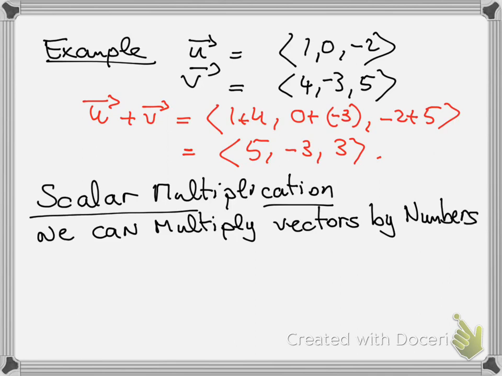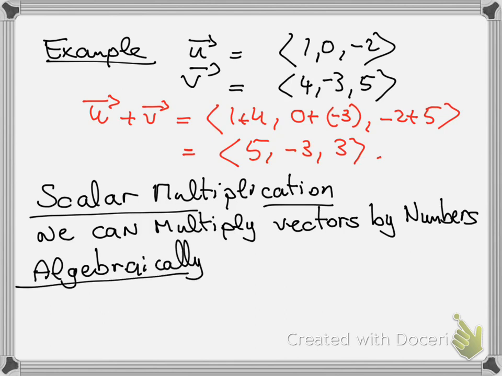Okay, so algebraically, what you do is the following. Let's say you have vector u, it's the vector 2, -3, 1. If you want to multiply vector u by 2, so 2 times the vector u, this is scalar multiplication because you multiply a vector by a number.